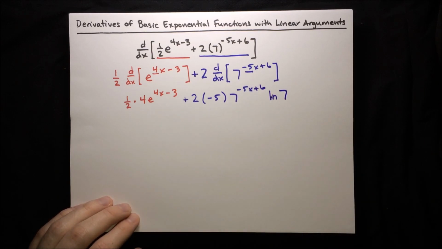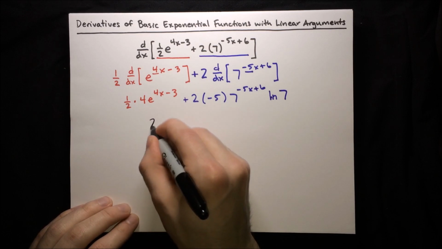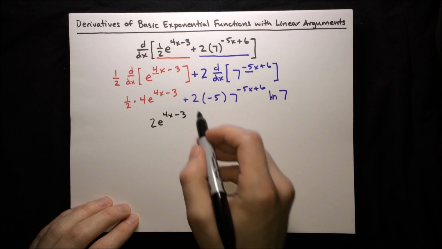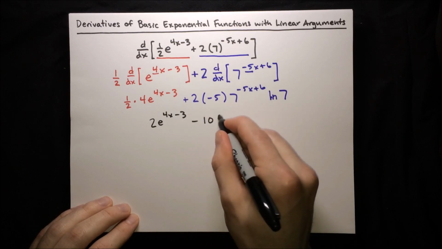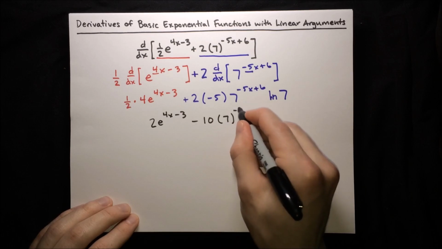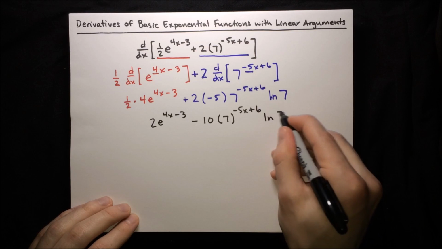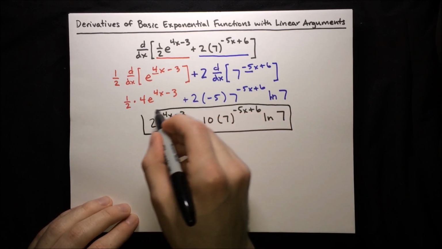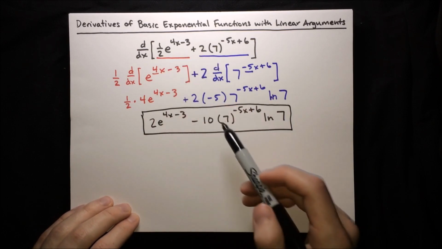So we can go ahead and simplify the expression now. Half times 4, that's just 2, so 2e to the 4x minus 3, and then 2 times negative 5 is negative 10, so negative 10 times 7 to the negative 5x plus 6 times natural log of 7. And there we go. That's the derivative of our original expression, and we didn't even have to make any substitutions or use the chain rule.